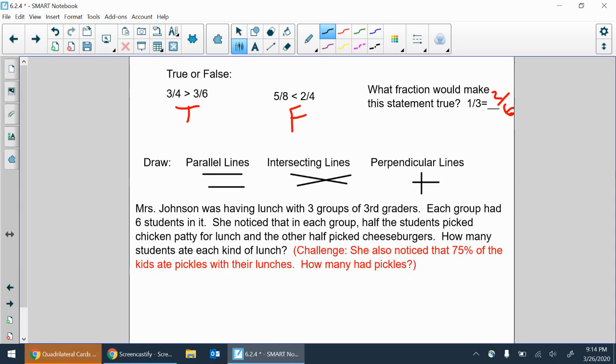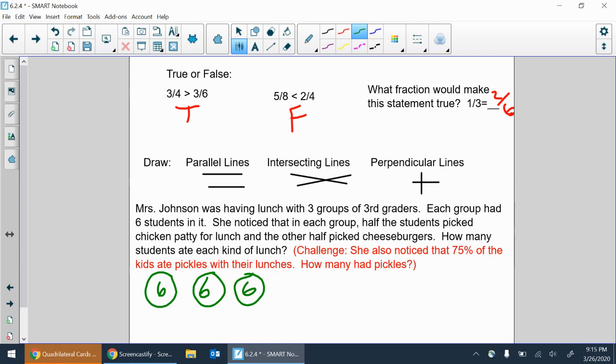So I'm going to draw this one out. Help me see what's going on. So Mrs. Johnson was having lunch with 3 groups of 3rd graders. 1, 2, 3. Each group had 6 students in it. Okay.